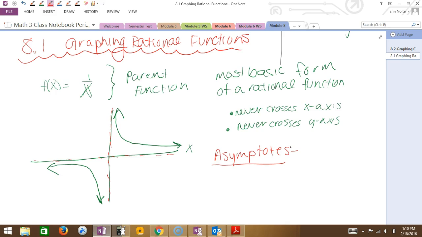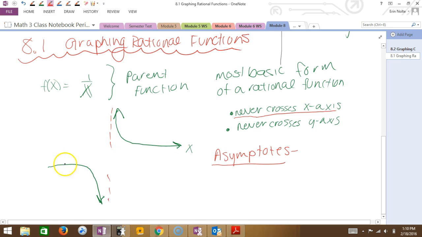So, specifically in this case, since our graph never crosses the x-axis, the x-axis is an asymptote right there, because it gets closer and closer and closer but never touches.